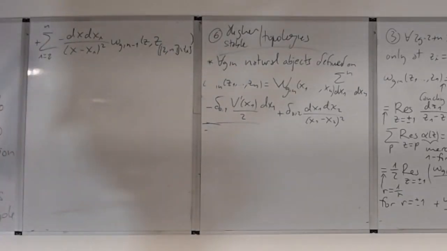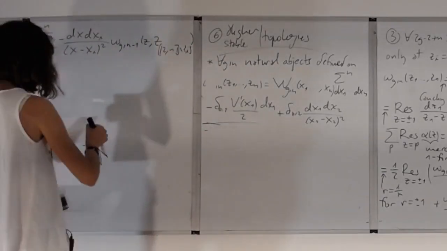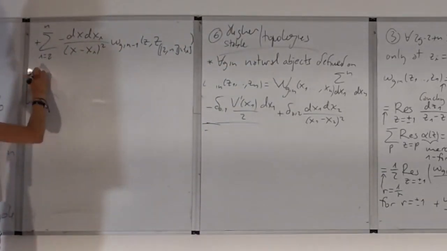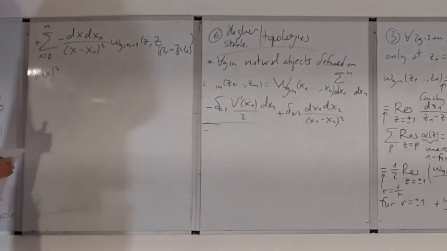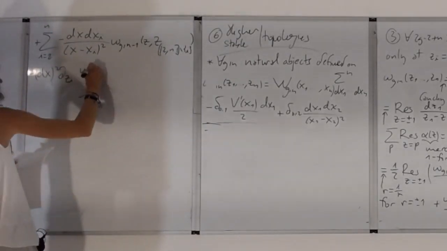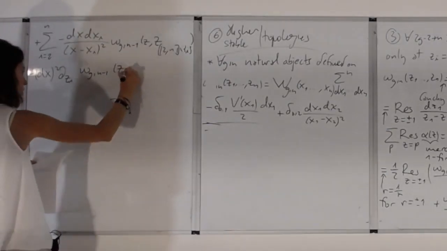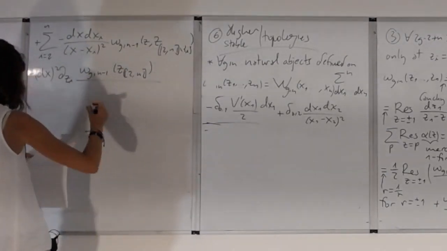Okay, is it big enough? You seem fine. And now here dx to the square, well, maybe. This is z2, zn, remember.